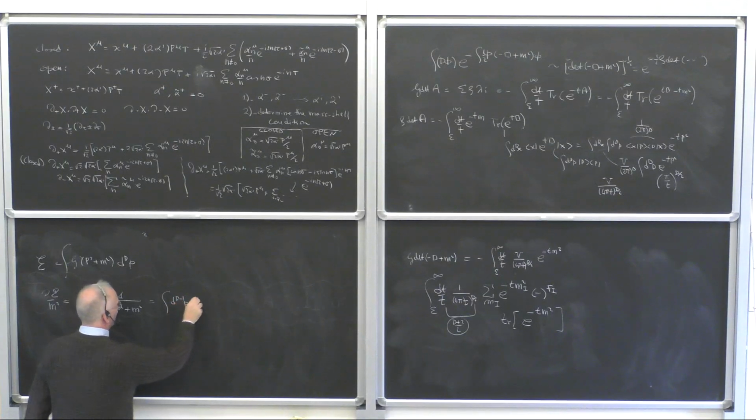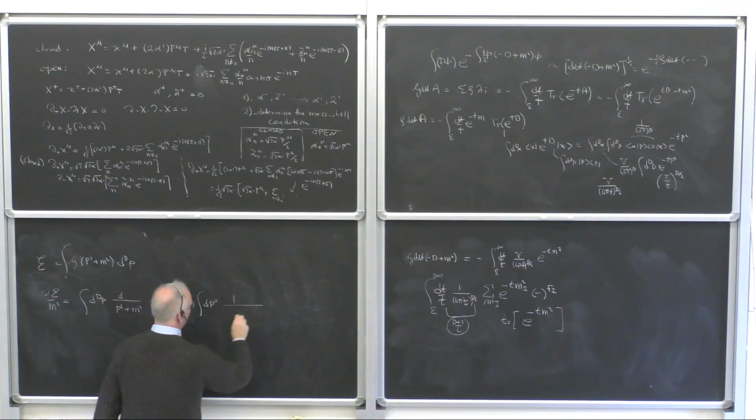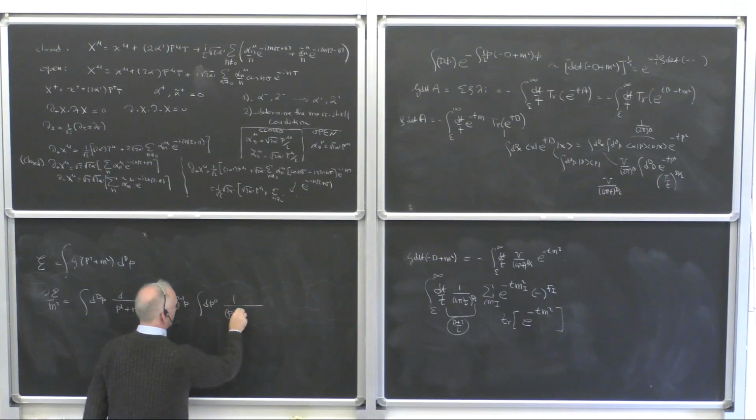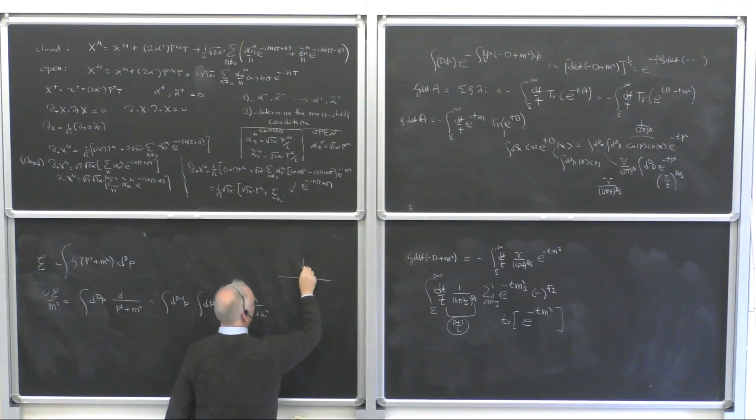And let me perform, by the residue method, the integral over p0. The integral over p0 has poles at i times the square root of p squared plus m squared, and at minus i times the square root of p squared plus m squared. And I can close upstairs.